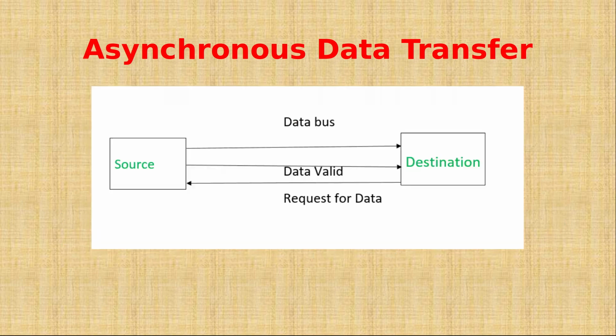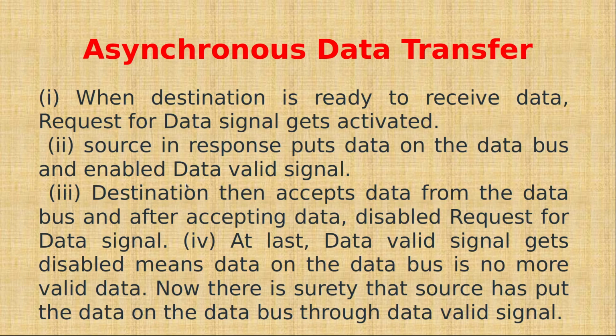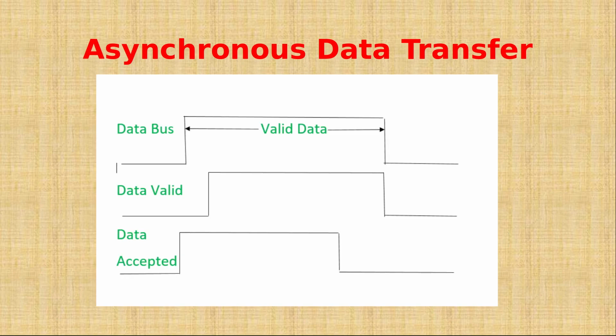Then the destination reads the data. After reading the data, it gives the data accepted signal. Finally, the data valid signal is off. These are the steps behind the destination initiated handshaking mechanism, and this is the diagram.